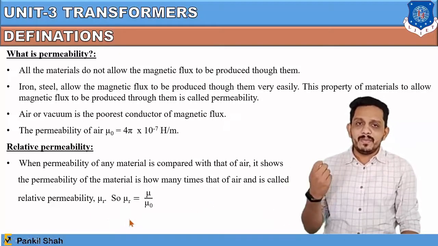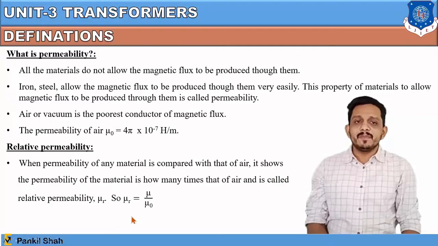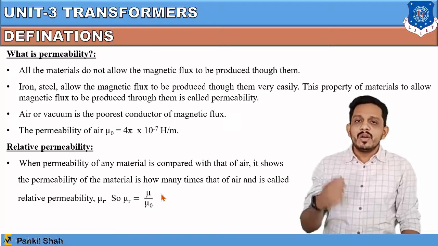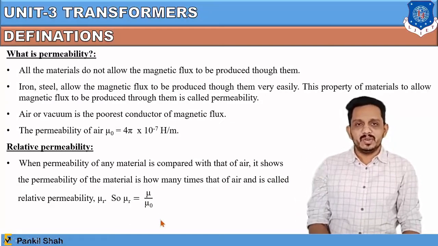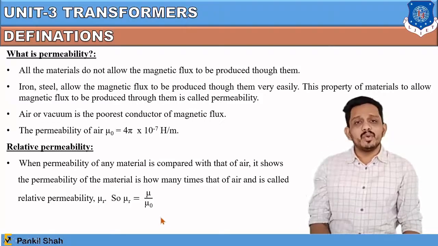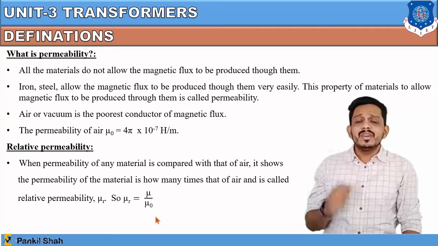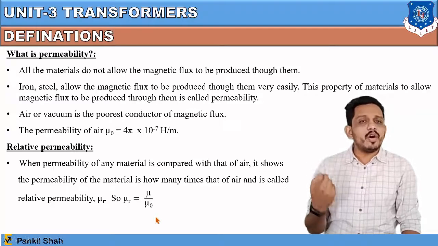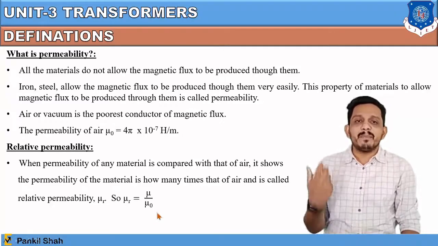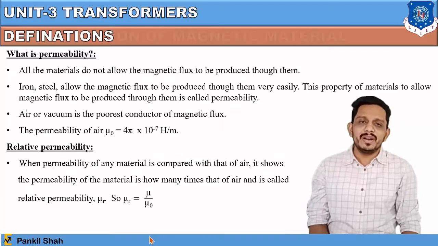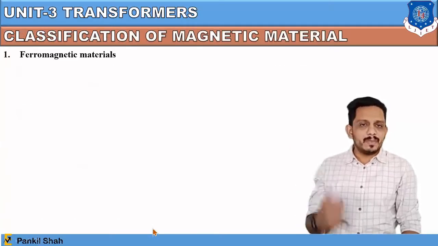The equation is mu r is equal to mu upon mu 0. So if you know the relative permeability of any material and the permeability of air, then you can easily find the absolute permeability of that material. So this was all about permeability.